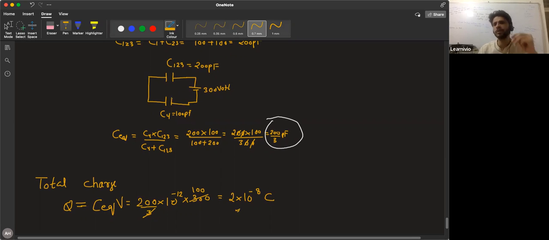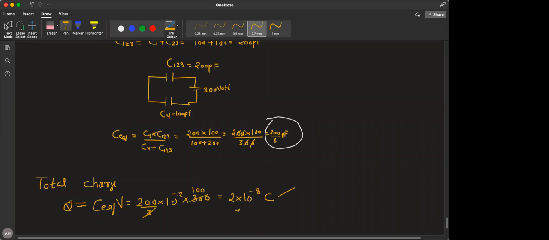What about charge stored in each capacitor? Raj? Charge in individual capacitors? It will be the same.